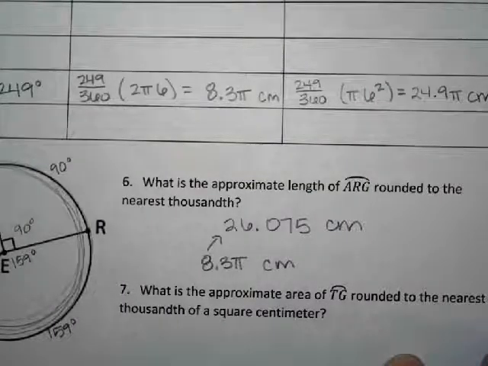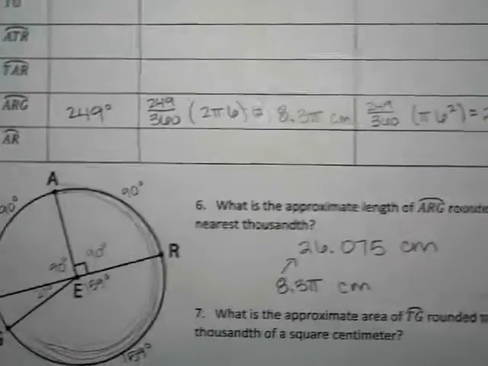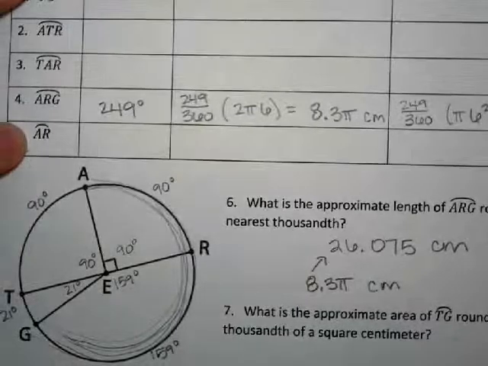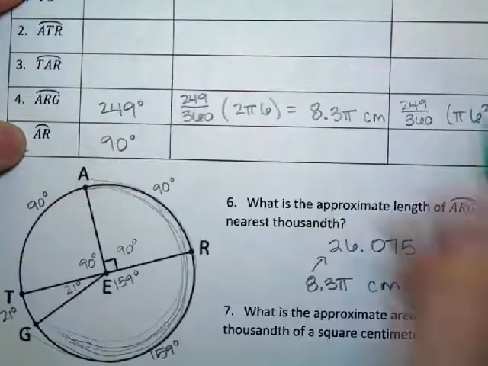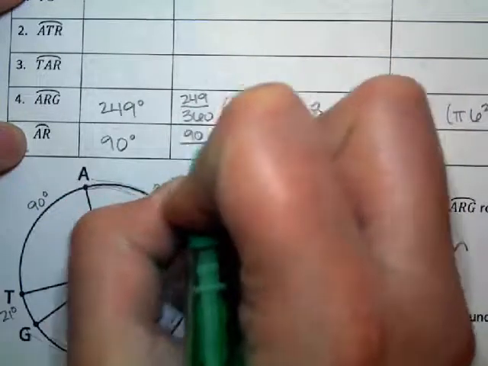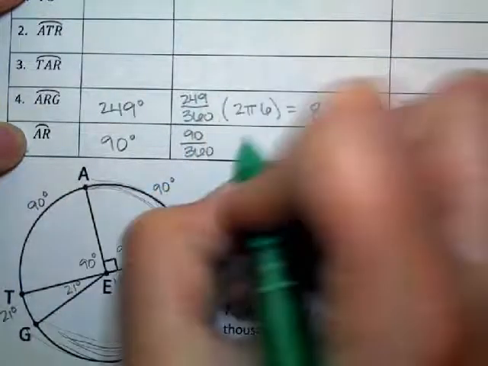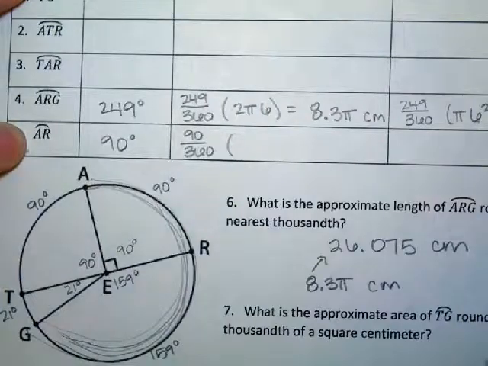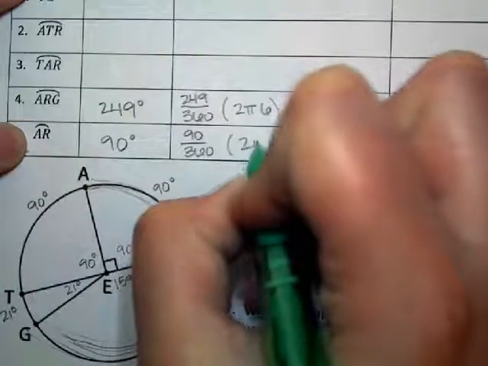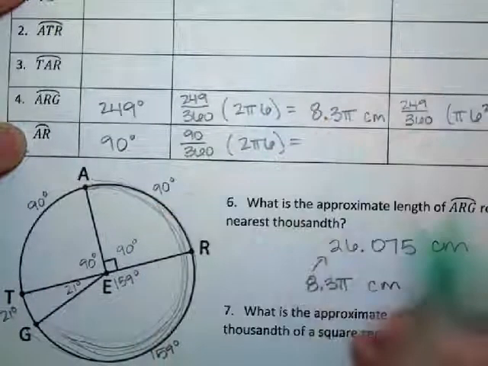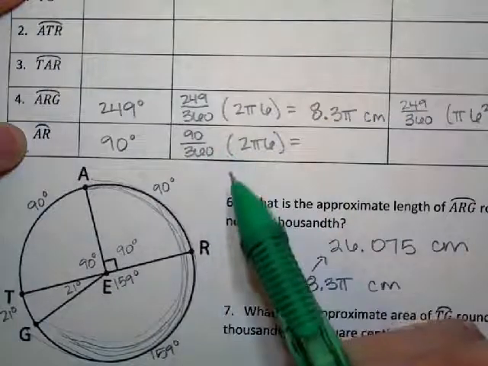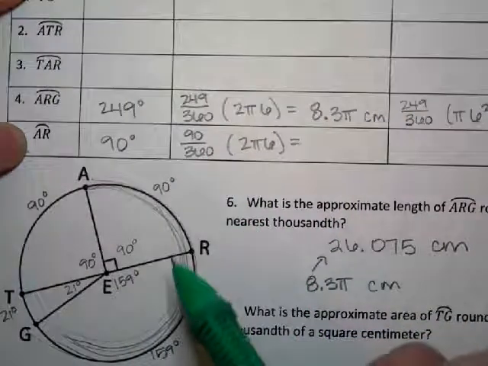All right, AR. AR is how many degrees? 90. Okay, so we've got 90 out of 360. 90 times 2 pi 6. So 90 out of 360 is what fraction? Yeah, 1/4.